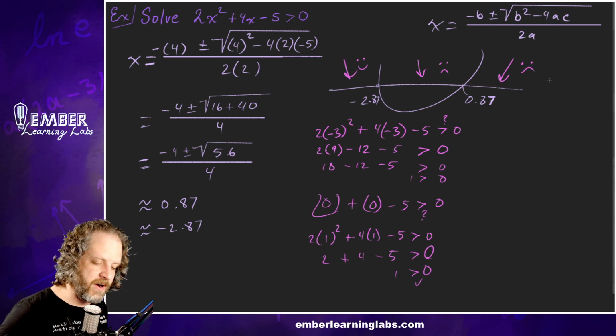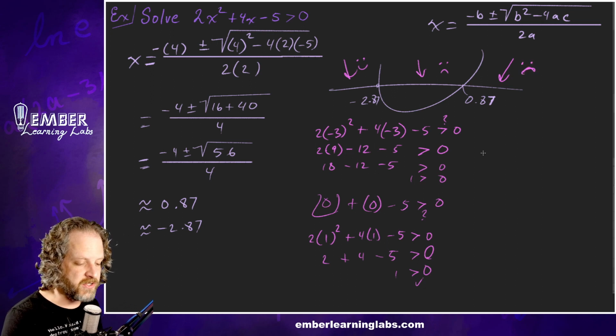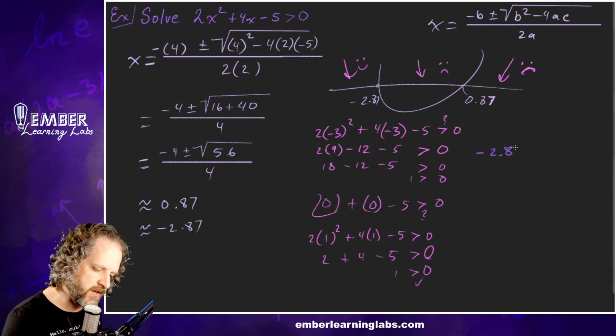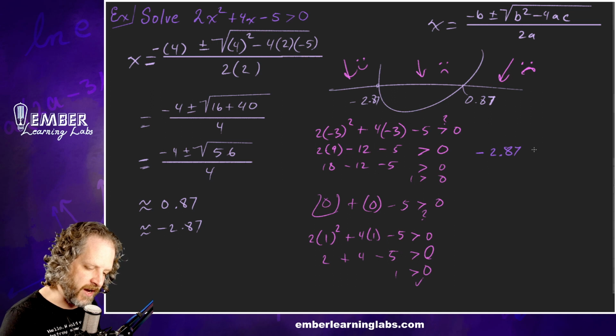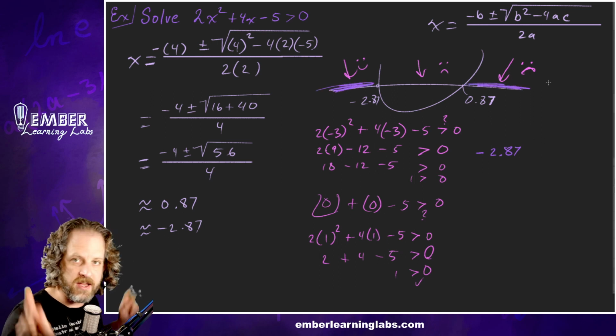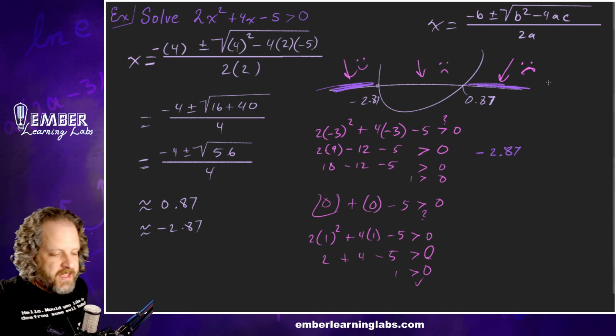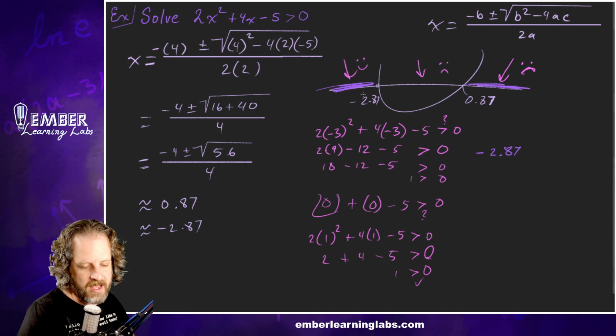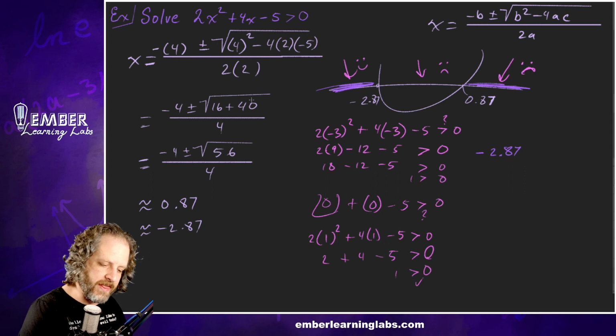So how are we going to write that? We, again, have to start with that smallest number. So to write our answer, we have here -2.87. Now this time, we're essentially shading these sections over here, right? And so it's going to be less than that.